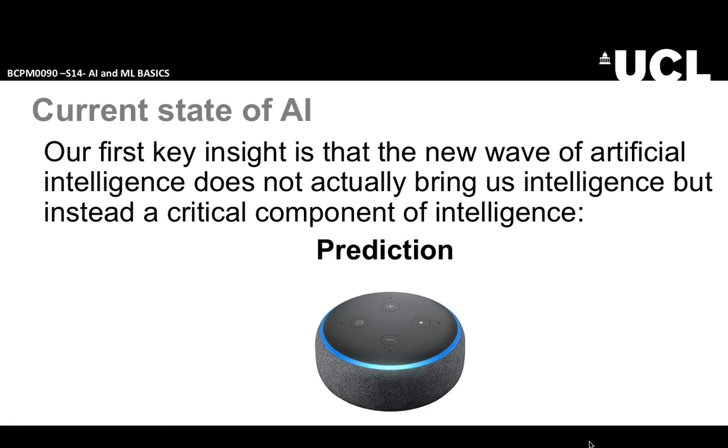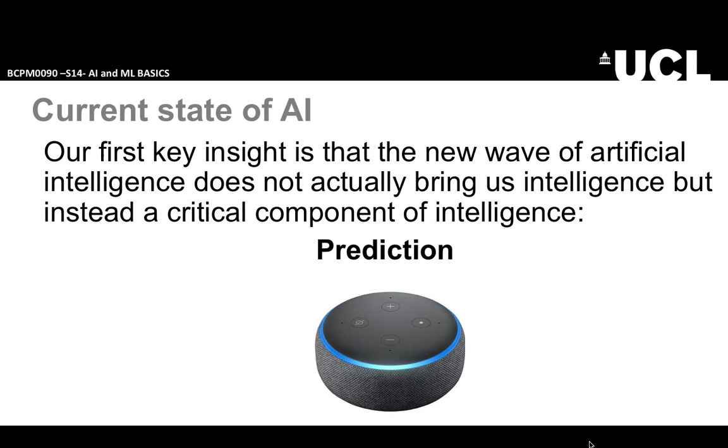I suppose that you know this device, Alexa. You can ask something to Alexa and probably this device will give you the right answer. But what Alexa is doing when you ask a question is taking the sounds, processing those sounds, and predicting the words you spoke, and then predicting what information the words were looking for.